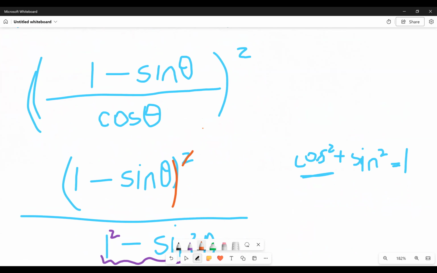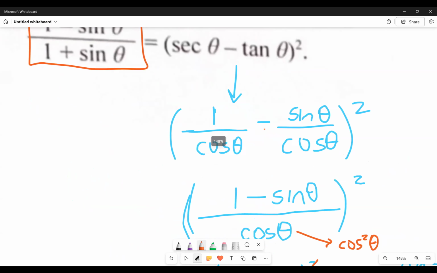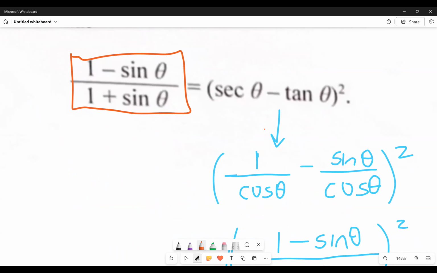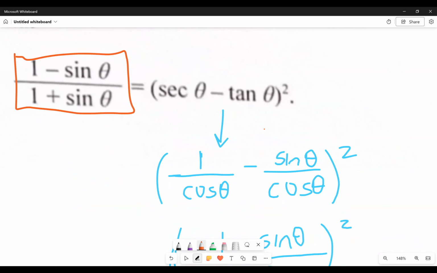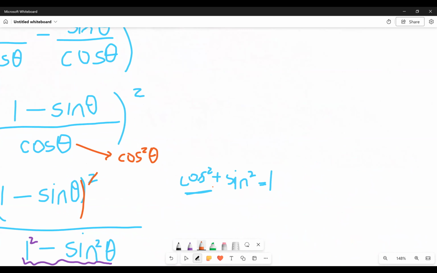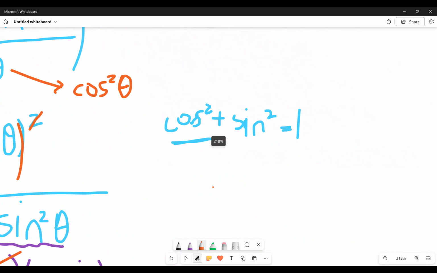For the denominator now, we're going to have cosine squared theta. But we already realized that we don't want any cosine because the left-hand side has no cosines in it. So there's no point in having this cosine squared. So we're going to turn the cosine squared into sine squared.